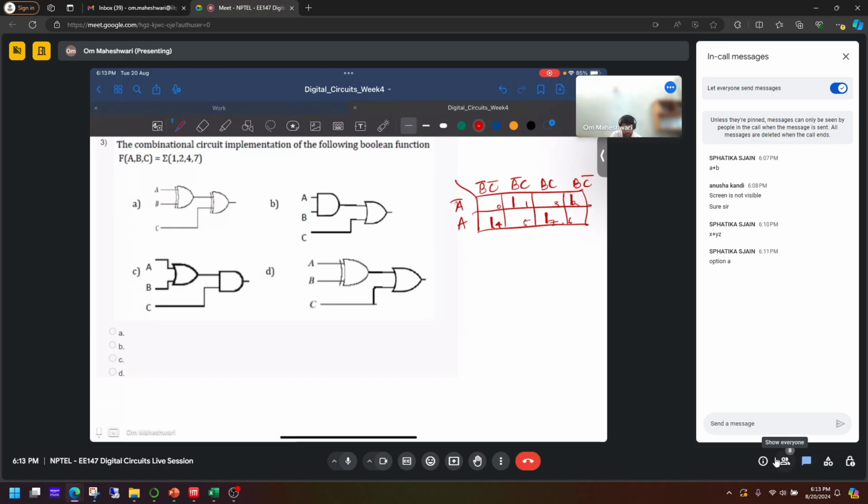So you can even write it: A bar B bar C plus A bar B C bar plus A B bar C bar plus A B C. This function is A XOR B XOR C. So the corresponding answer is A.